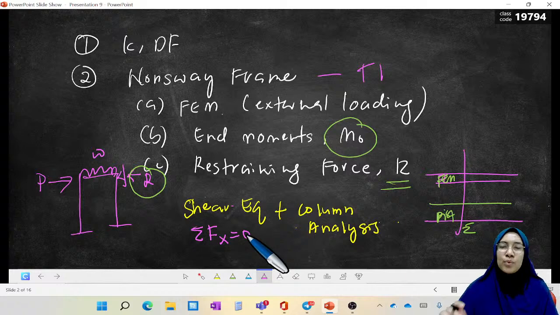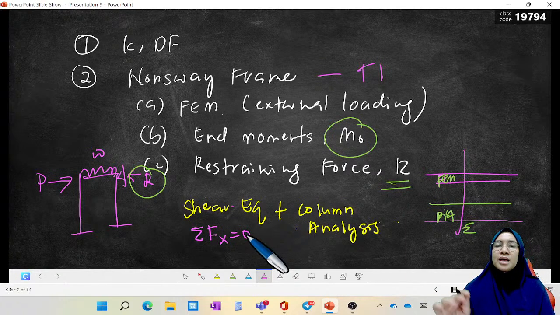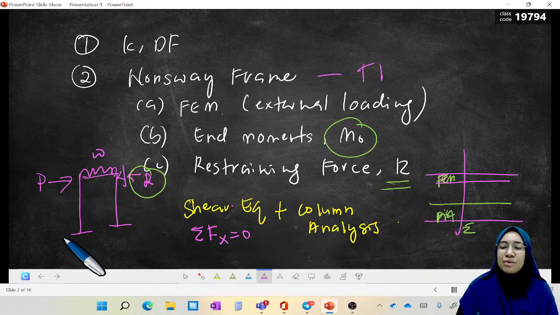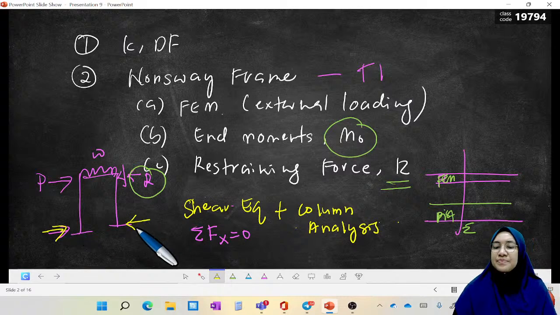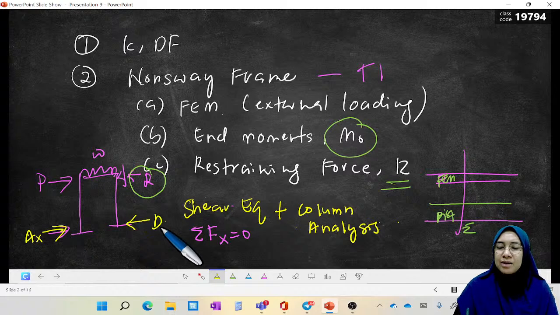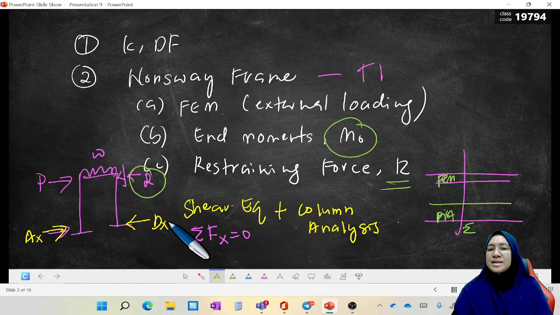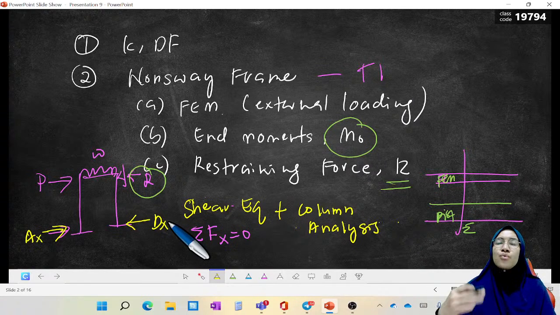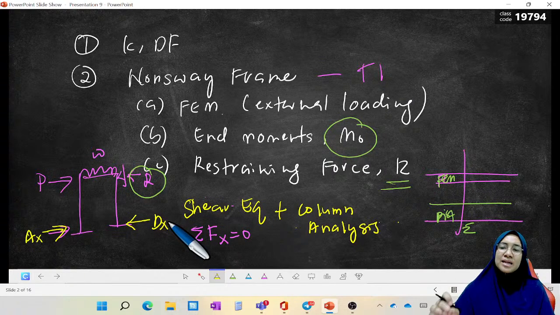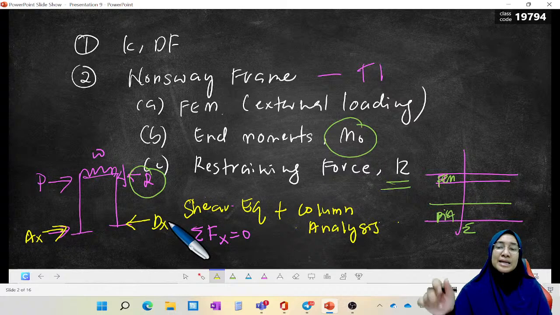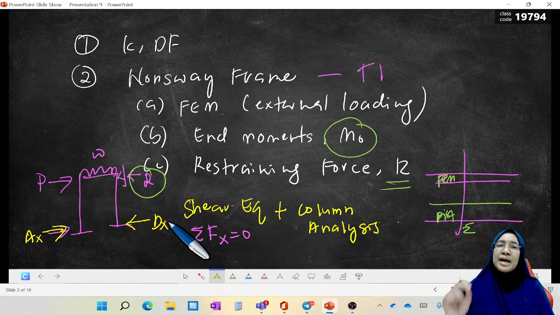In this shear equation, based on the diagram, there will be unknown AX and unknown DX. Column analysis refers to how we analyze column AB and column CD to determine the AX and DX values. Once AX and DX are determined, we substitute them into the shear equation, then we can get the R value.